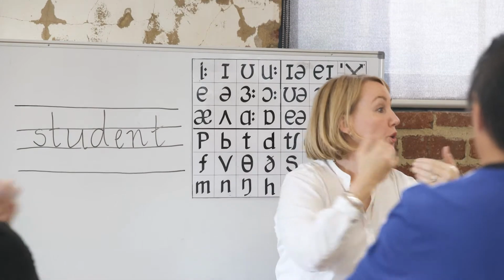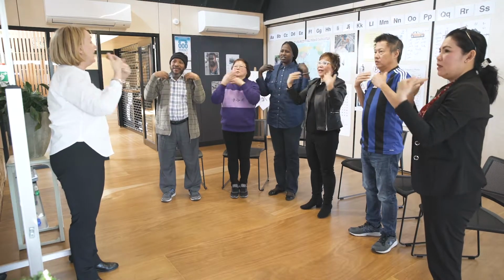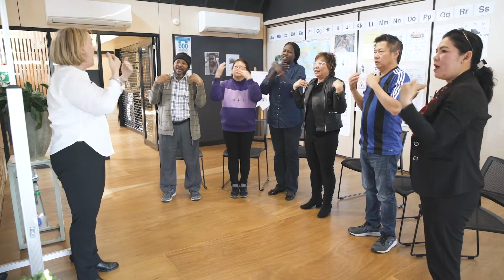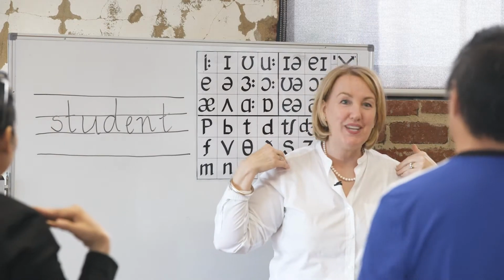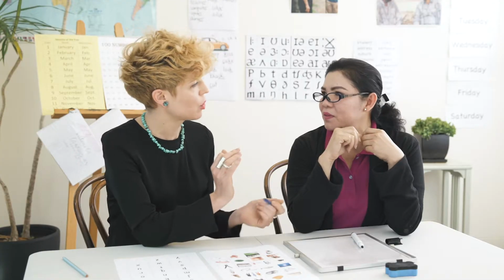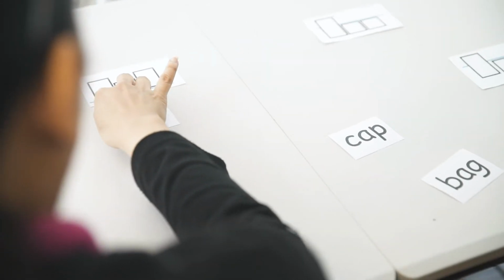T, U, D, E, N, T. Let's do it again. Using paper blocks can also help students to understand the physical shape of words.